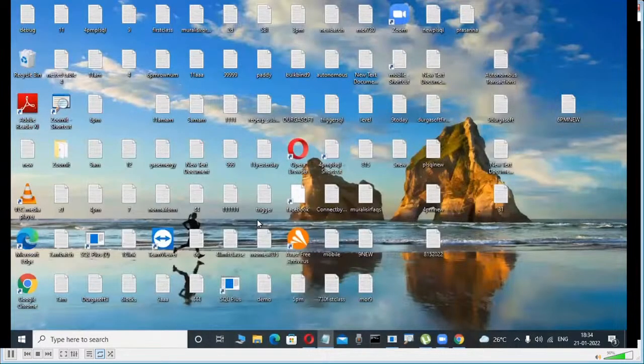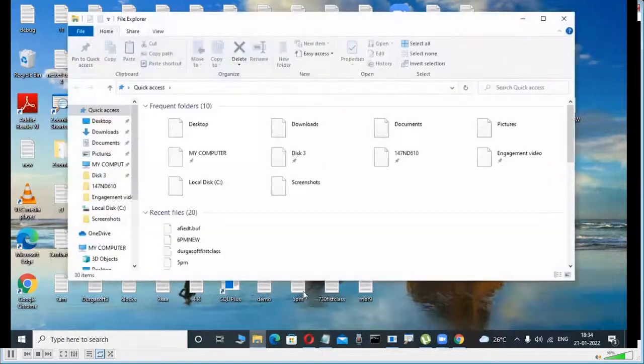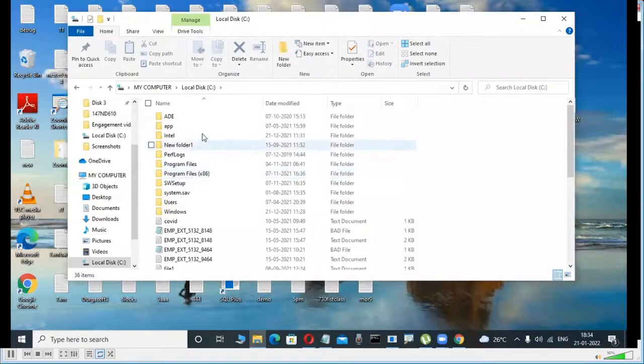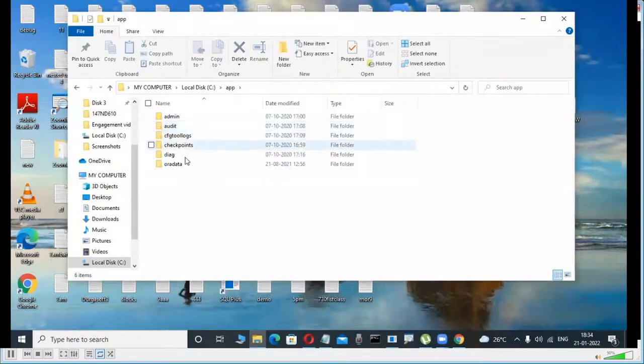Now I'm interested to view whether this table is created or not in my operating system. Suppose a Windows operating system is there, where Oracle is installed. In that location, I try to view, for example, in the C drive, where Oracle is there. Those are all directories, don't worry.